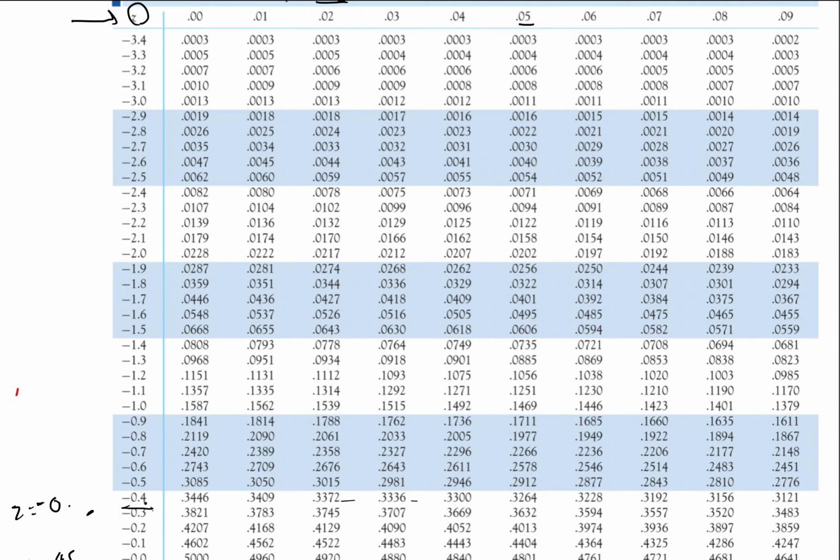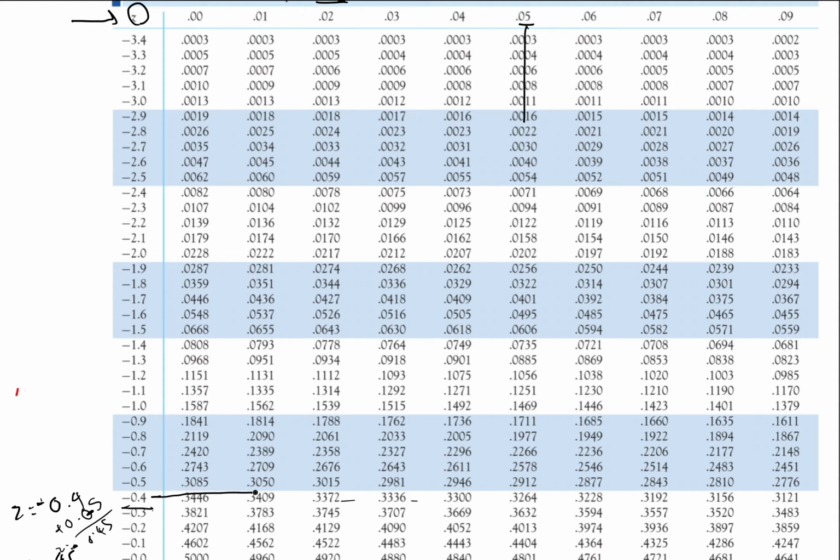So negative 0.4 and this 0.05 together, for the moment you can just take the modulus or forget the negative sign. 0.4 plus 0.05 is nothing but 0.45, and of course your z is negative 0.45.